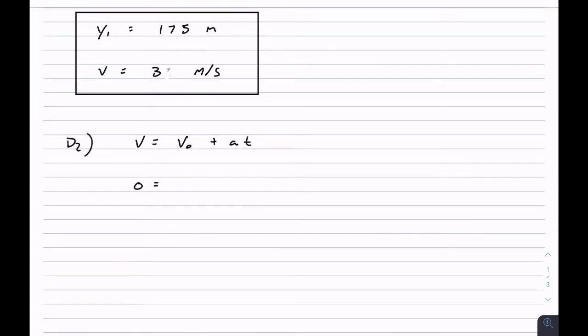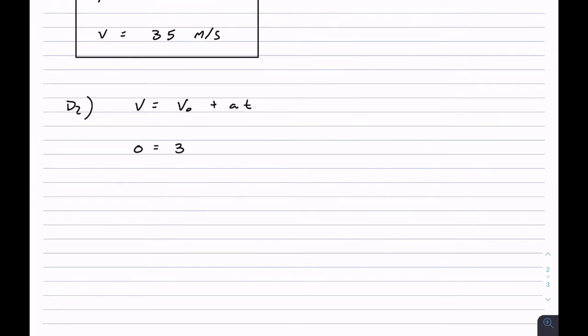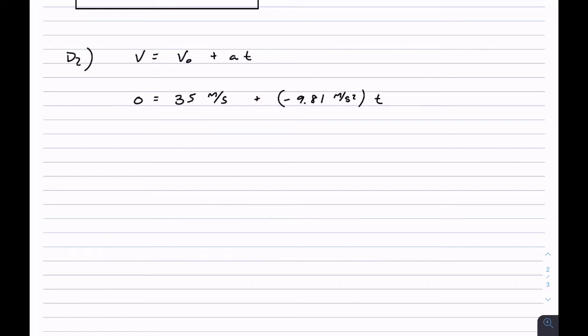We also know that starting out, we solved for this in the last part, our velocity is 35 meters per second. We know also that our acceleration is negative 9.81 meters per second squared, and we don't know time. So pretty much we have 35 over 9.81.